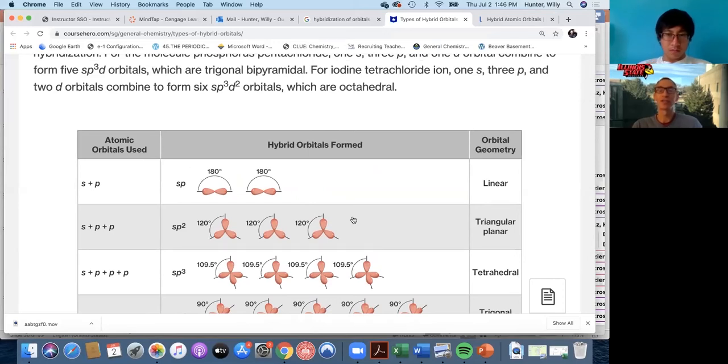And we can understand that by saying, if we combine 1 s orbital with 2 p orbitals, we can get a shape that allows us to have a hydrogen at the end of each one of these lobes in the molecule. And so we would have a trigonal planar molecule when the hybridization involves 1 s orbital and 2 p orbitals.